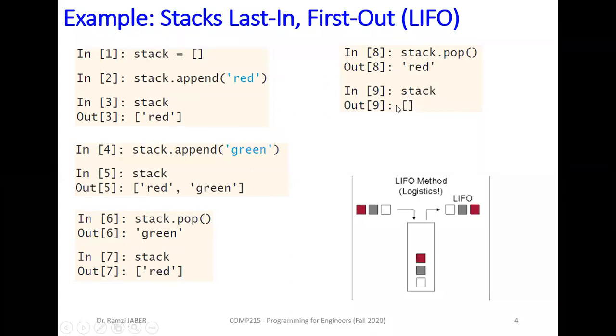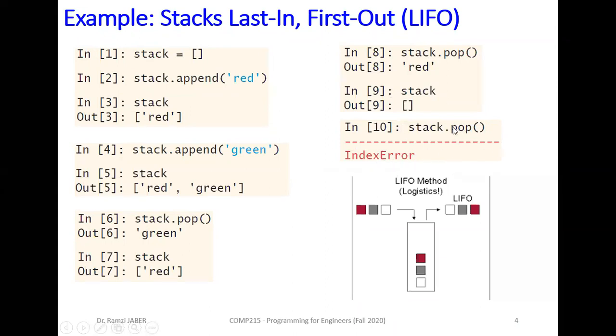So the stack becomes empty again. Now, if we call pop again, we get an index error, because there is no element to pop. It's an empty stack, an empty list, no element to pop. Okay? Did you get the idea?